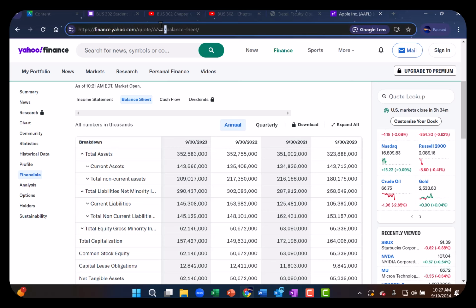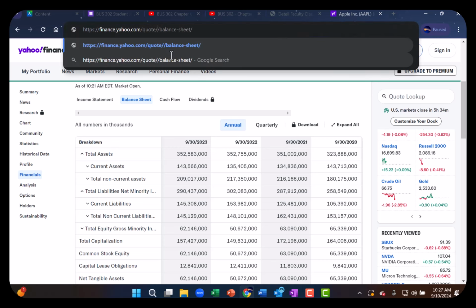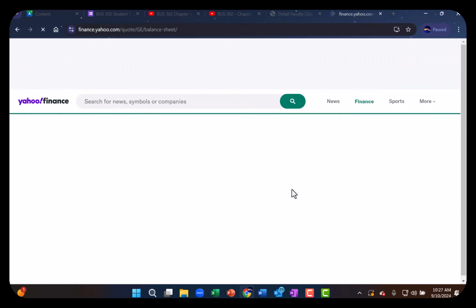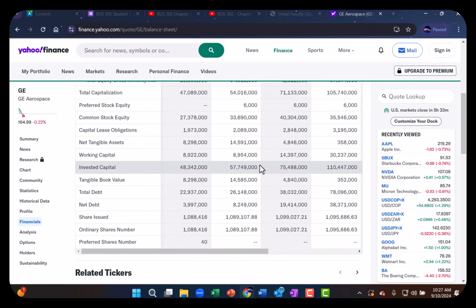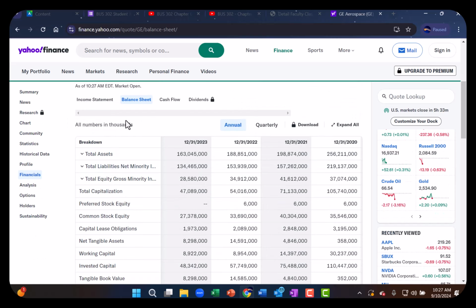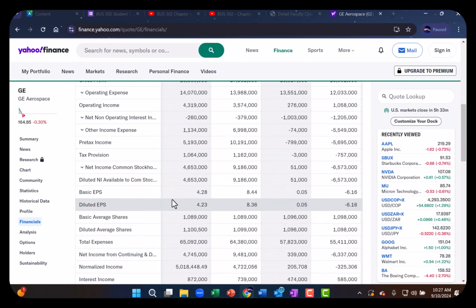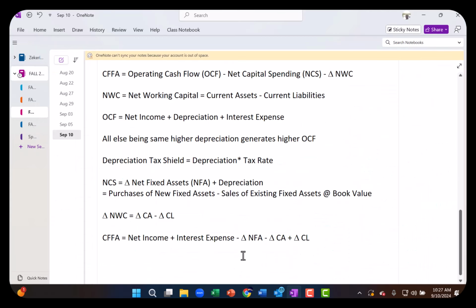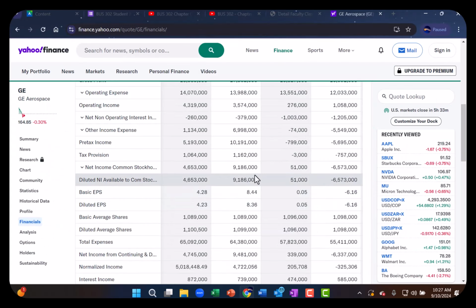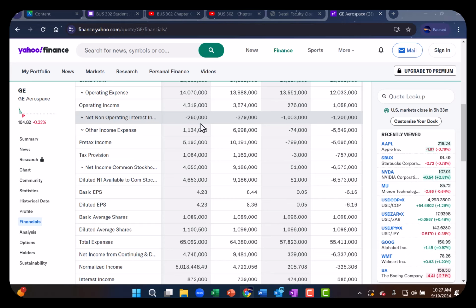Let's look at GE. Let's do income statements, annual. Well, they have a net income of 4.6. Let's see what their net interest, 260.